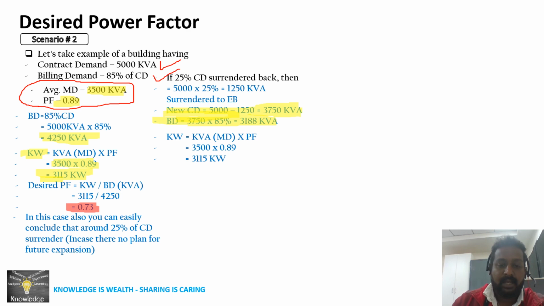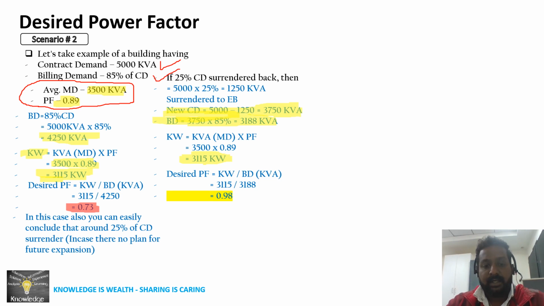So again, our kilowatt is untouched. That is the building demand. kVA into power factor, 3500 maximum demand operating at 0.89 power factor, that is 3115 kilowatt, our building load, active load.